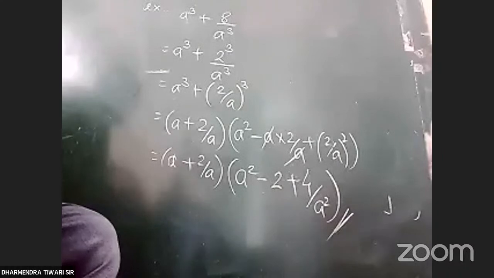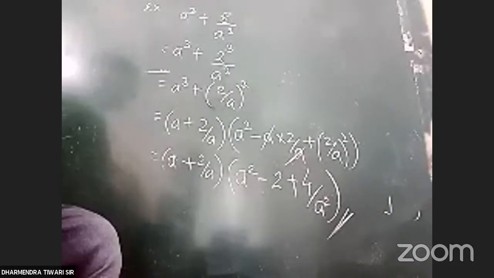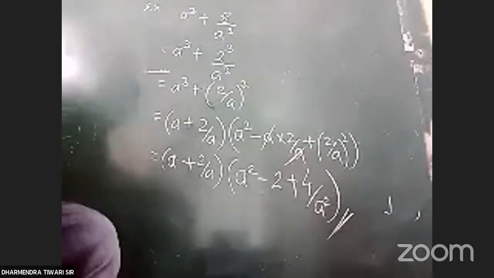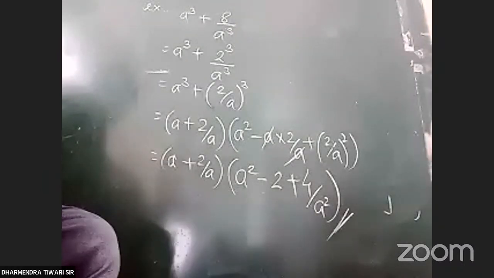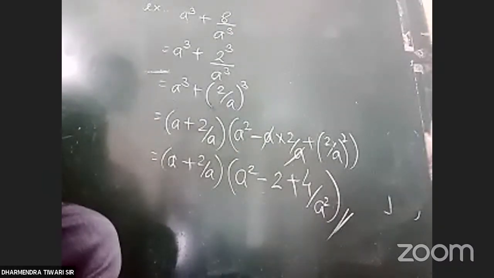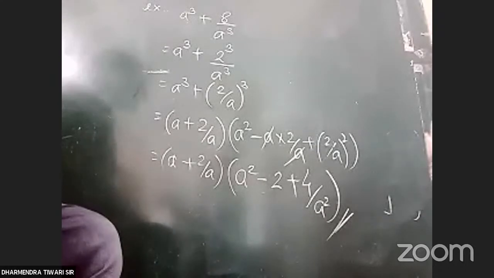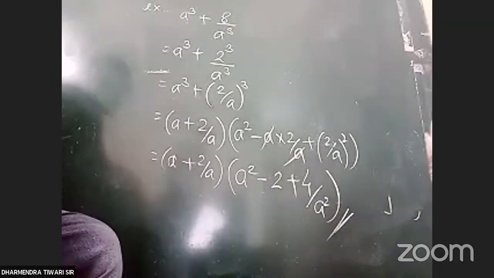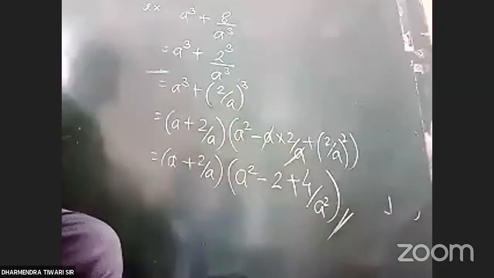Now I will introduce the next formula, and you should try its derivation as homework, as I have derived the formula for a cube plus b cube. Similarly, derive the formula for a cube minus b cube. I will introduce the formula and then we will execute some problems based on that.